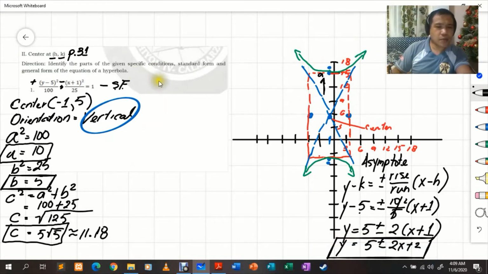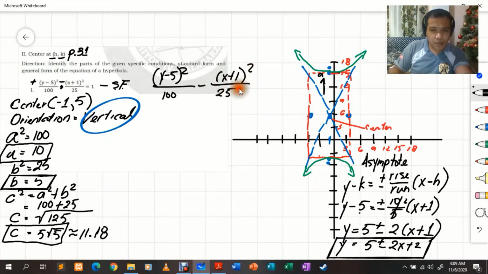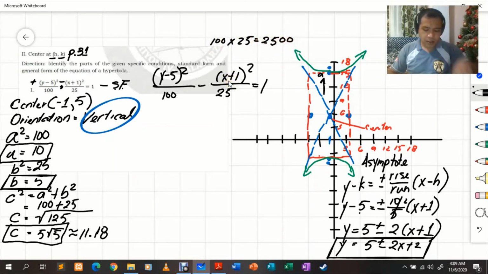Next, general form. So, from the standard form, rewrite ko lang: y minus 5 squared all over 100 minus x plus 1 squared all over 25 equals 1. So, 125, that is equals 2,500.